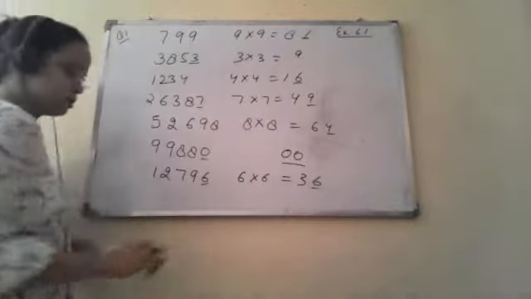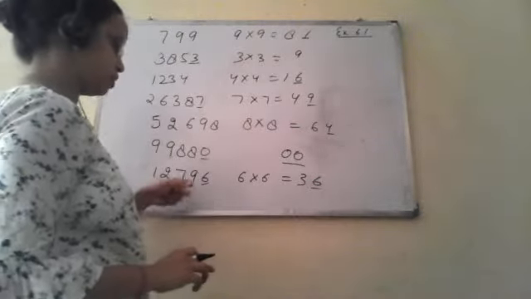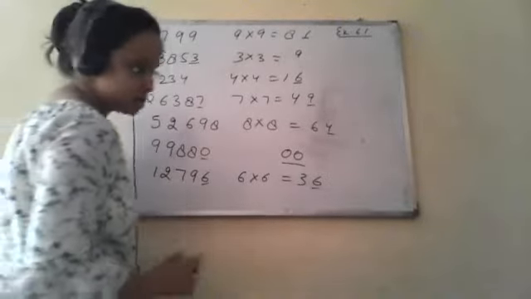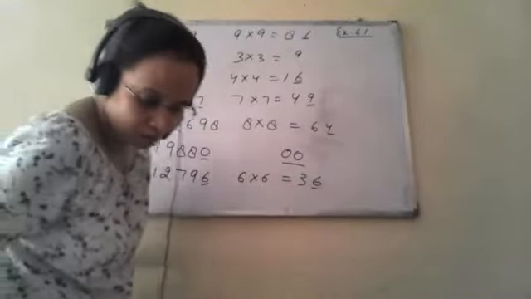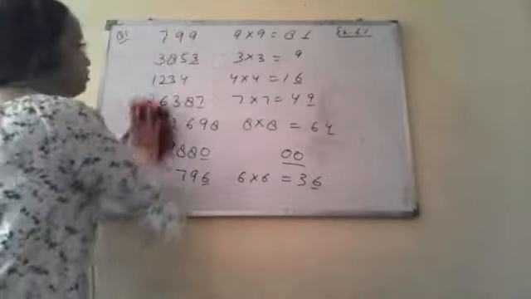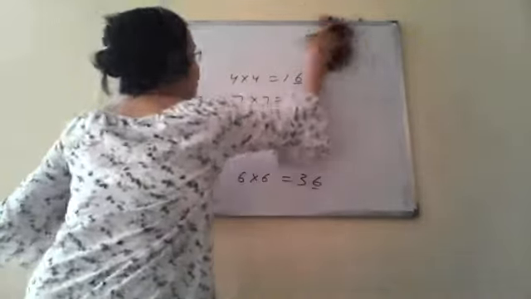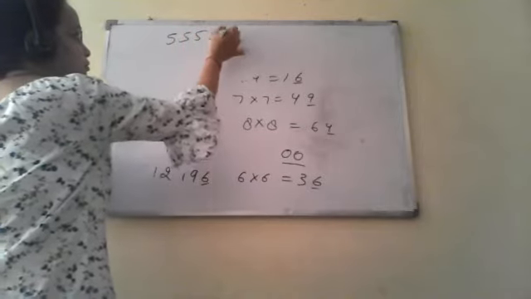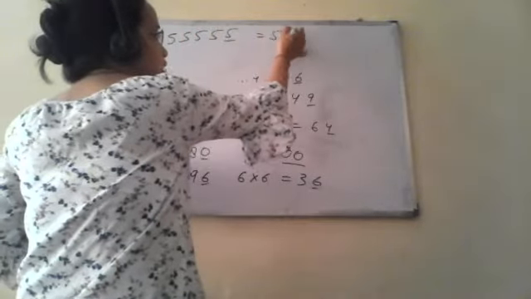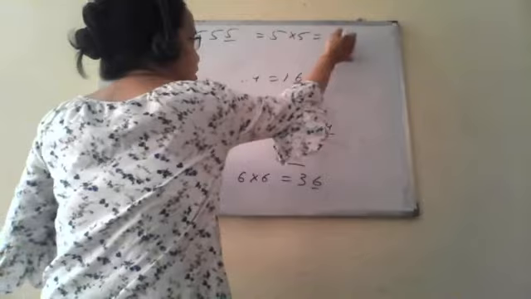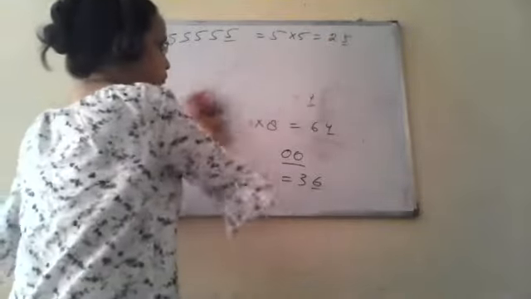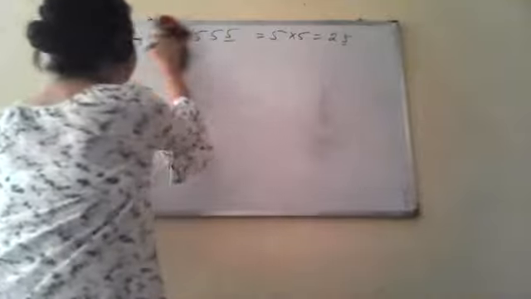The square of 12796 will have 6 at its unit place. Now the last is 55555. It will have 5 into 5, that is 25, so it will have 5 at its unit place. Clear? I hope this is clear.